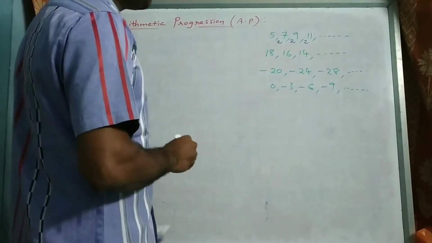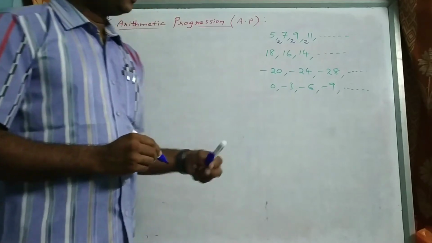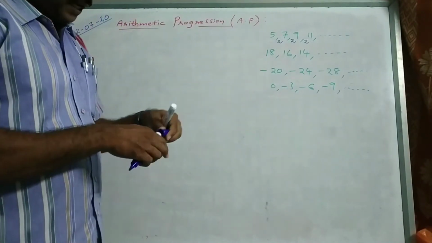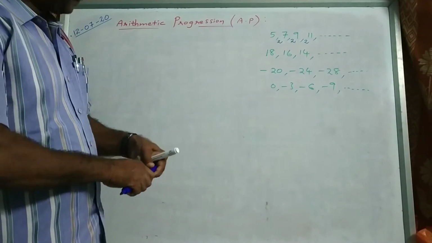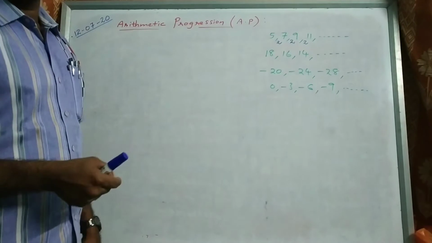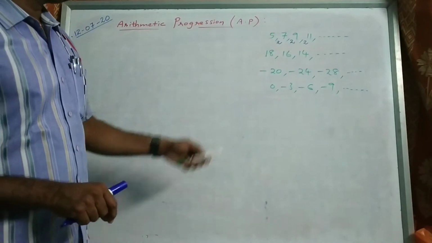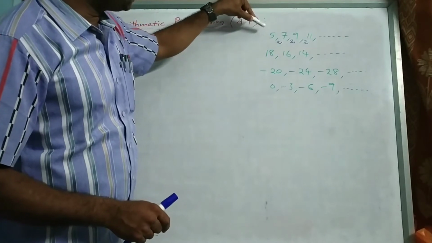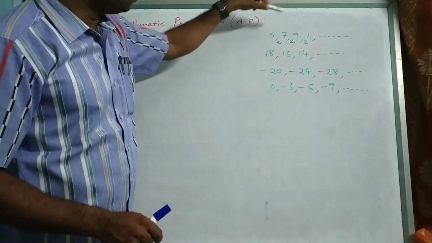That plus 2 is the difference between the second term and the first term. What did I say about these numbers? 5, 7, 9, 11 are called terms or elements.